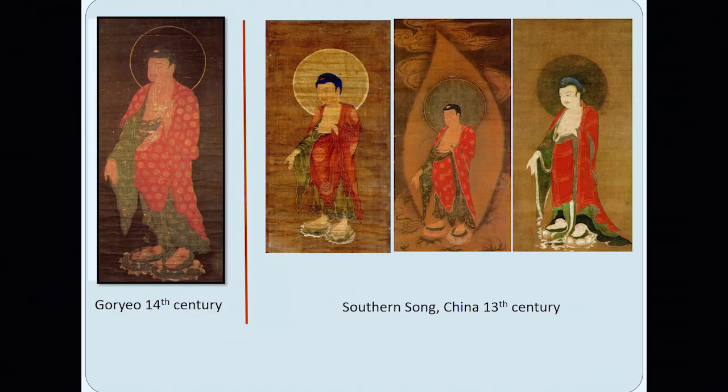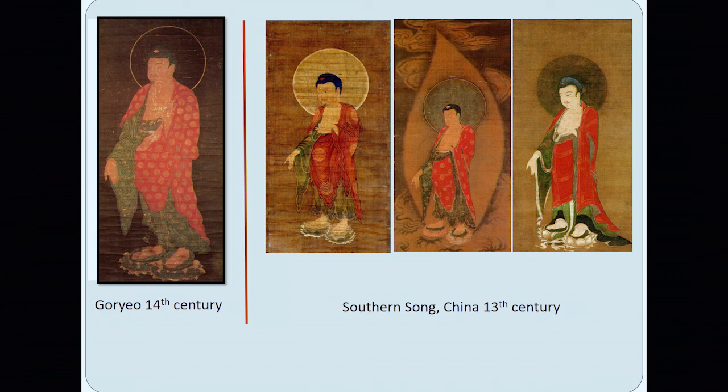Unlike the Goryeo case, it is nearly impossible to define elements in Chinese Buddhist paintings simply, because the tradition is so much more complex and was influenced by so many more factors over a longer period of time.